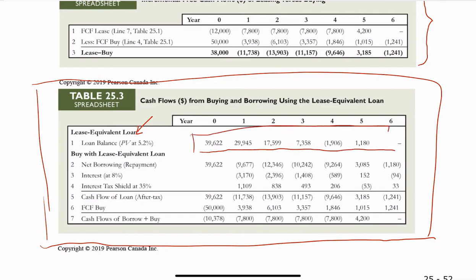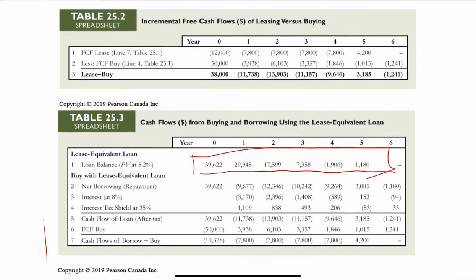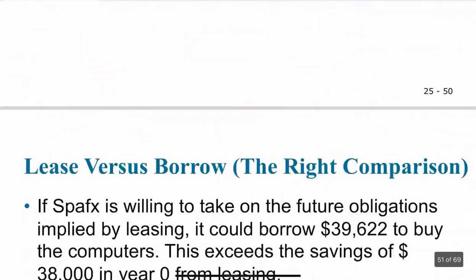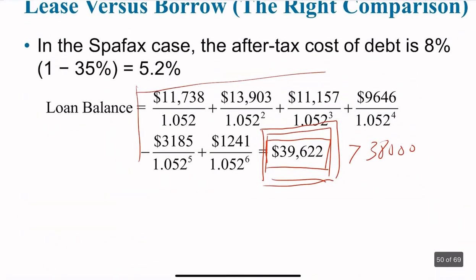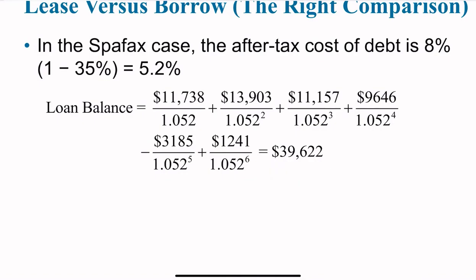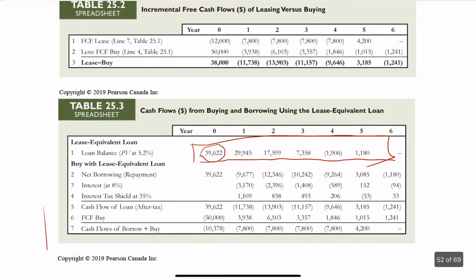How do you get these numbers? Well, it's pretty simple. First, this number is obvious, because if you discount these 6 cash flows, you will be able to get this 39622, and this is day 0's amount.